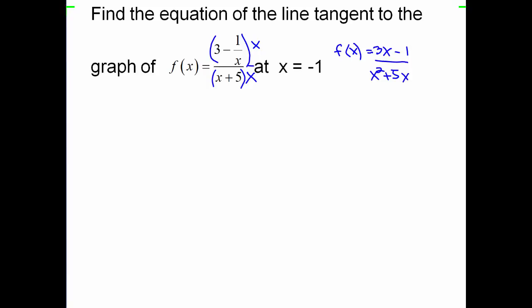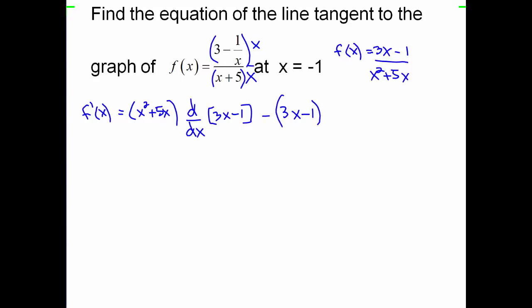Okay, now that this looks a lot nicer, let's throw this into our quotient rule. So f prime of x, low d high minus high d low. So if you got low, the low function, take the derivative with respect to x of the high function, which is 3x minus 1, minus the high function, 3x minus 1, times the derivative of the low function, x squared plus 5x.